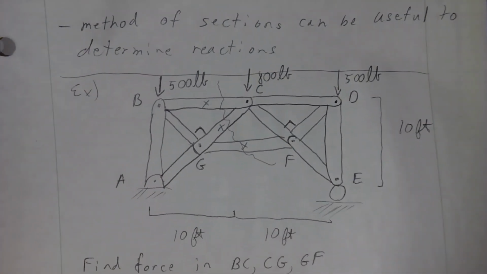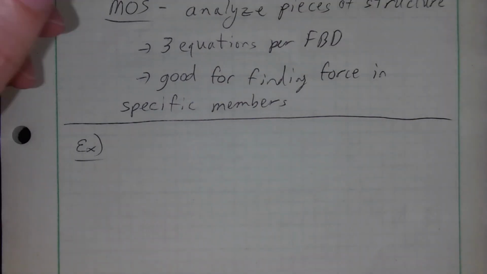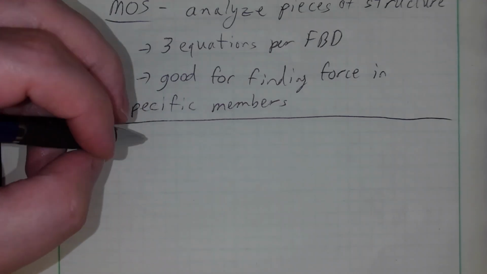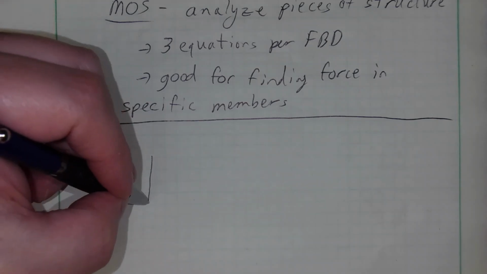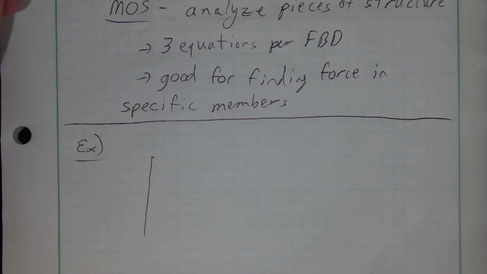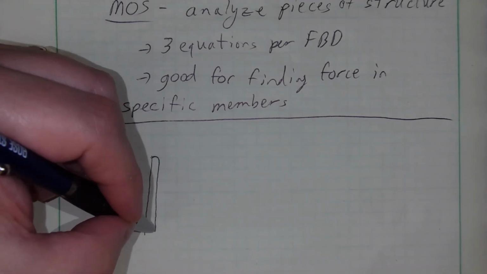I've got a pin on one end, a roller on the other, and I'm going to draw something like that. This thing, I'm going to draw it basically to be 20 foot long and 10 foot tall, obviously to scale, kind of.